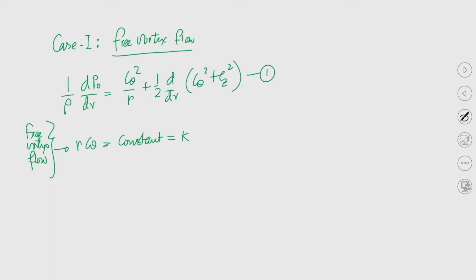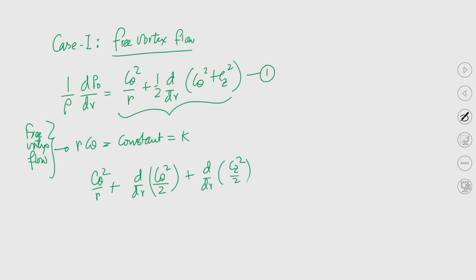So, basically the right hand side: c theta square upon r plus d dr of c theta square upon 2, right, plus d dr of c z square by 2.